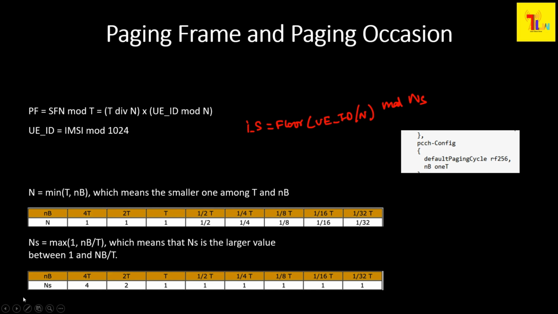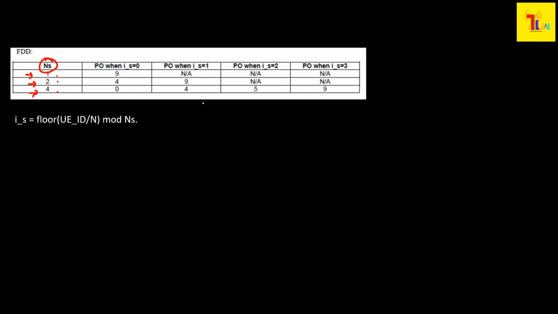Okay, so we have all the values with us. We have UE_ID, we have the N value, and we have the NS value. With all these values we are going to calculate IS, and based on the 3GPP table, we will calculate the paging occasion based on the IS.